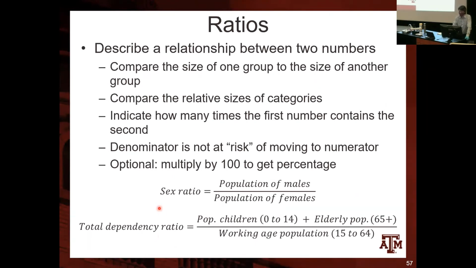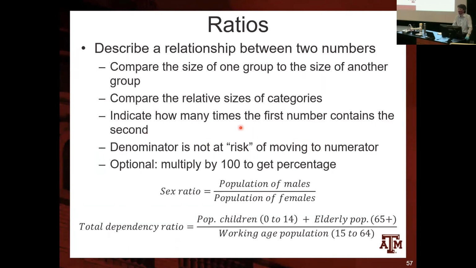So ratios describe a relationship between two numbers. They compare the size of one group to the size of another group, compare the relative sizes of categories, and indicate how many times the first number contains the second number. So it's just different ways to explain the same thing. The denominator is not at risk of moving to the numerator.